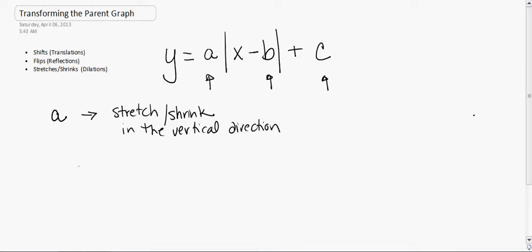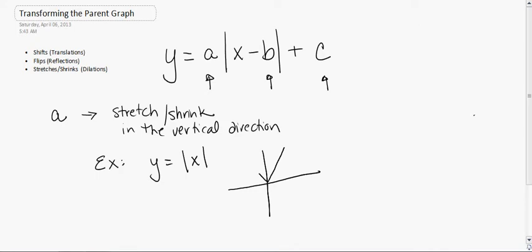So an example of that would be, here's my parent graph, y equals the absolute value of x. And if I graphed that, you know from the last two videos, it's going to look something like this. And here, my parent graph is going to be changed.